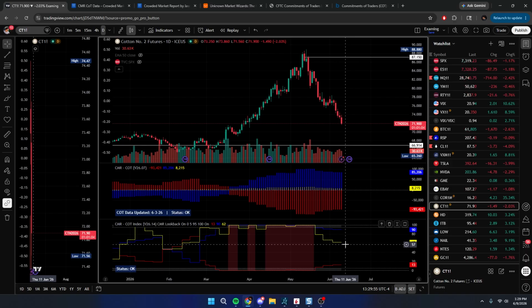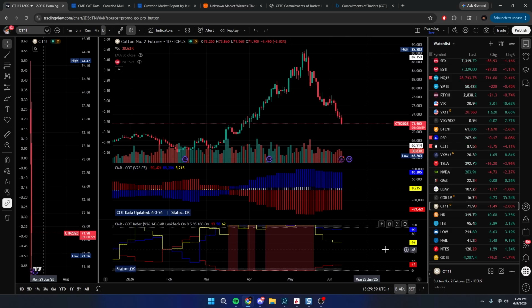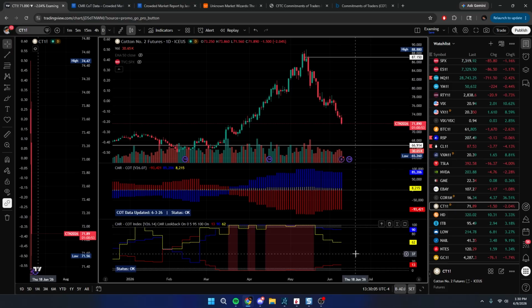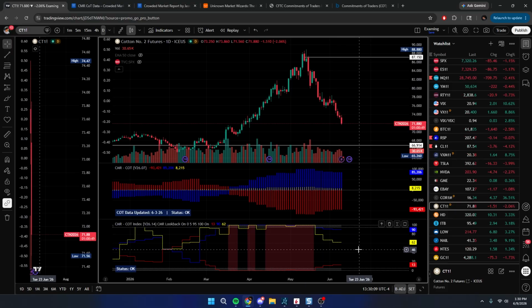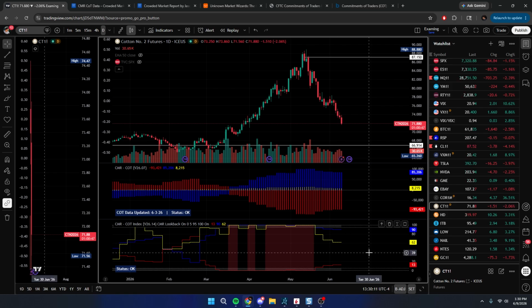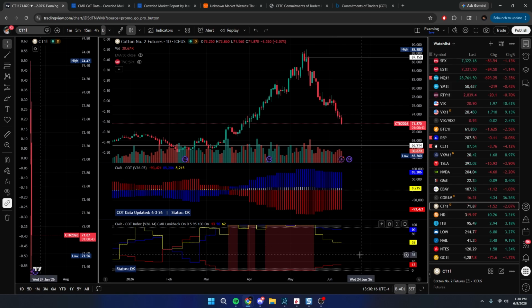So if, let's say, on Friday the report comes out, and that data will go up to today, Tuesday, and this yellow dot shows like a 45 for small speculators, he would get out of cotton as soon as possible. Pretty much when they go neutral here, that's when he would personally get out.